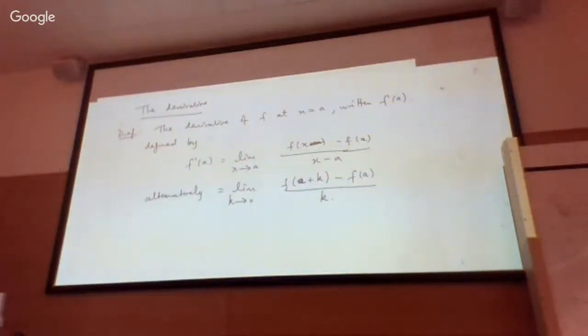Functions that are made up of simpler functions using the arithmetic operations, adding functions, multiplying functions, forming quotients of functions, and crucially as well, taking compositions of functions, applying one function after another. And for each of those basic operations we can do with functions, we need an associated theorem about how the derivative behaves.